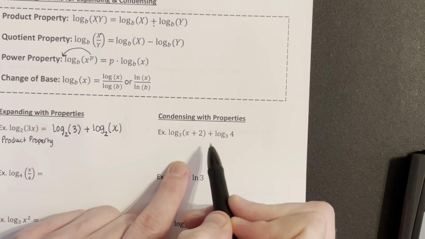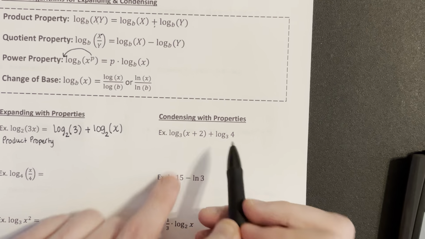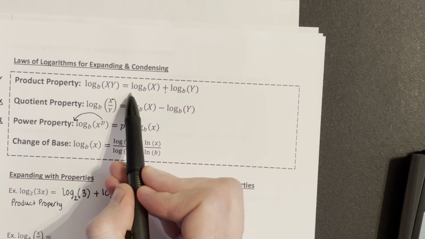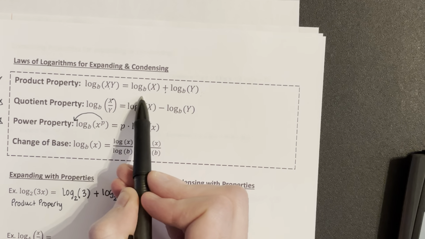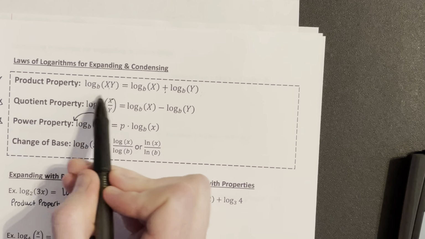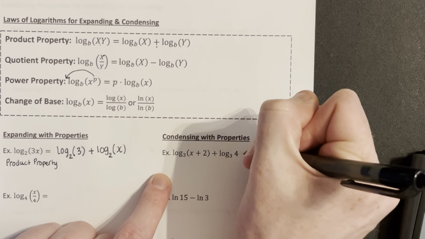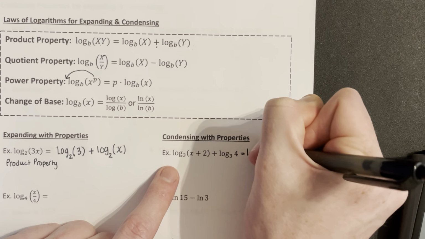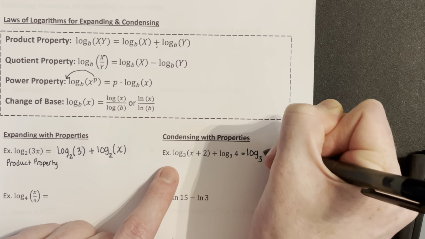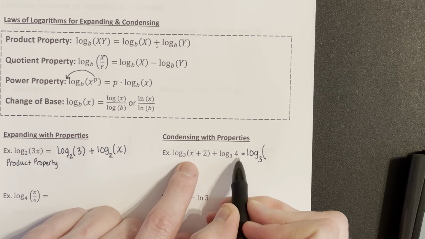Similarly, we could condense with the product property if we see 2 logs added together. So we're just going to go backwards from what we saw here. Where 2 logs were being added together, we could condense them down into 1 log with multiplication. I'm going to condense and say this is log base 3 of, and what we're doing, we're multiplying the insides of the log.